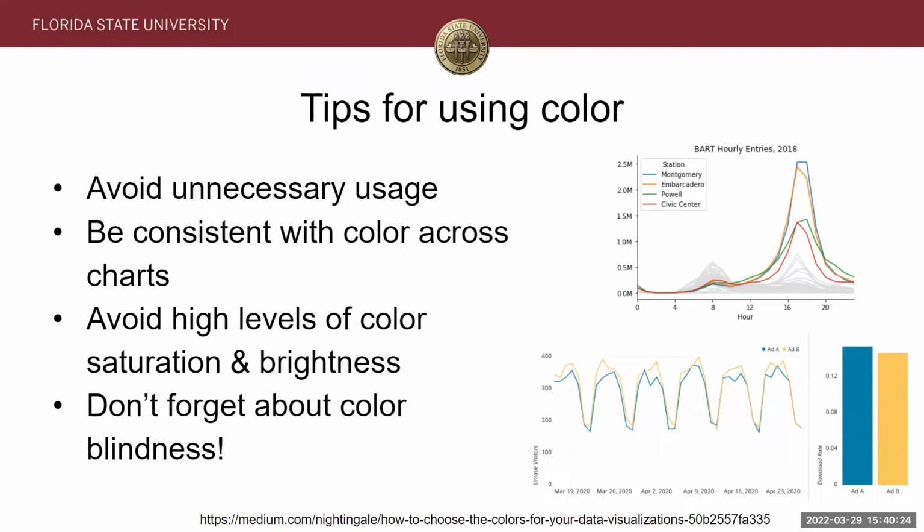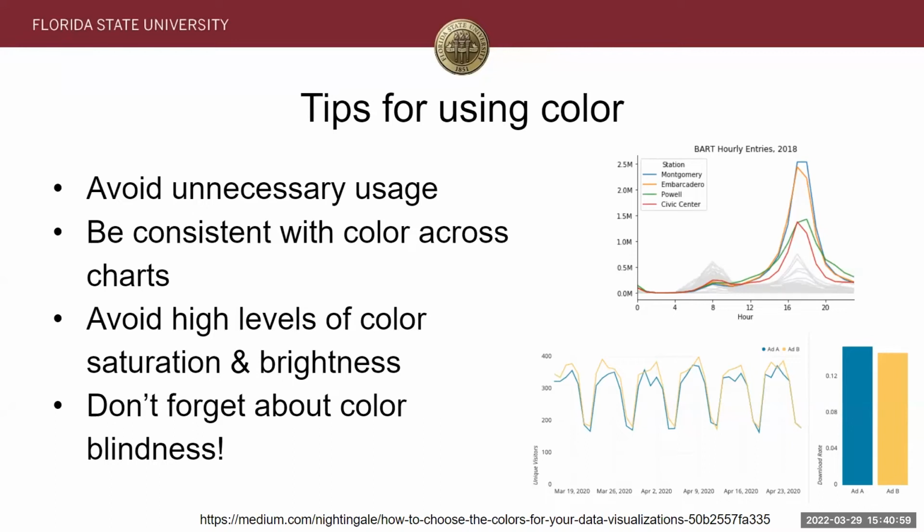And then the final point that I always like to make: do not forget about color blindness when you're doing your visualizations. Color blindness affects a certain percentage of the population. It often causes confusion between certain shades of colors, such as red and green or blue and yellow. So it's really important to keep that in mind when you're designing a visualization that may have several different colors in it, making sure that those colors are distinct and can be parsed.